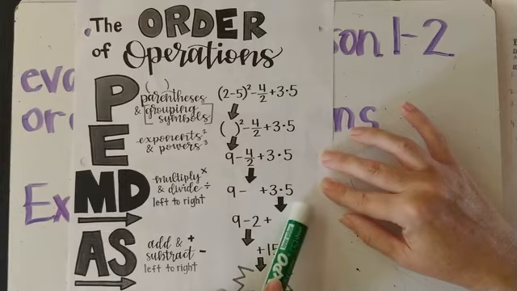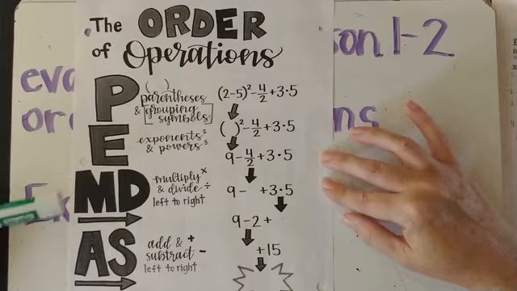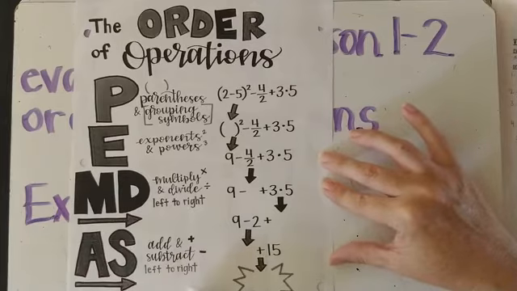And that's all done in the same step. Then addition and subtraction after you've completed multiplication and division, and that is also done in the same step from left to right. We will be referring back to this paper in order to help us remember the order that we need to take in order to evaluate these expressions.